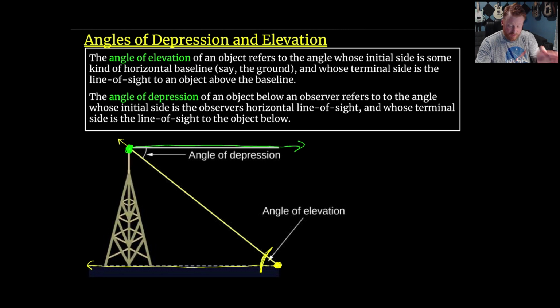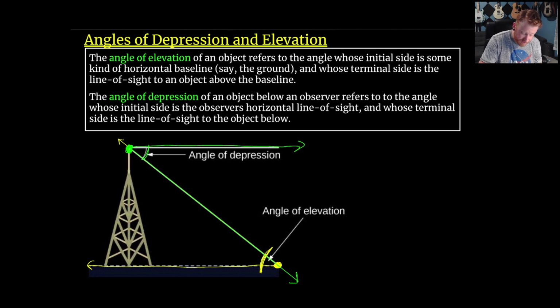And now the angle of depression is the angle of our line of sight as we're looking down at some object that's on the ground down here. That one's a little bit better. So now here we get our angle of depression. What I first want to notice is that the angle of depression is not this inside one. It's not the inside angle that might be completing this right triangle that we're looking at here. That is not the one that we're looking at.